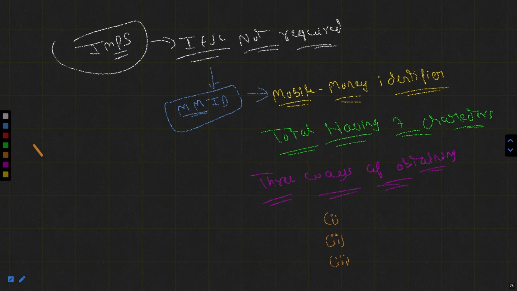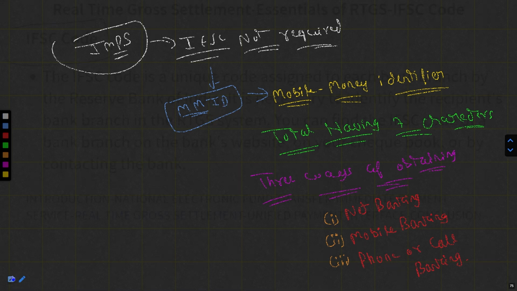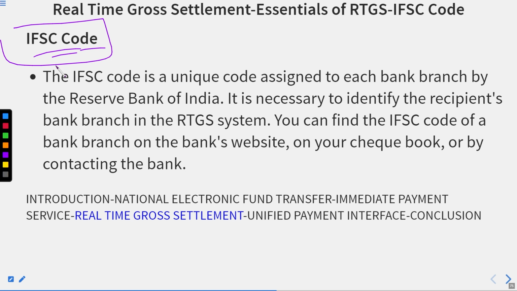The first is net banking. Second is mobile banking, and what is the third? Phone or call banking. Okay, so these are the three ways through which the MMID number is obtained. Got it? So that's what we had seen in the previous lecture.